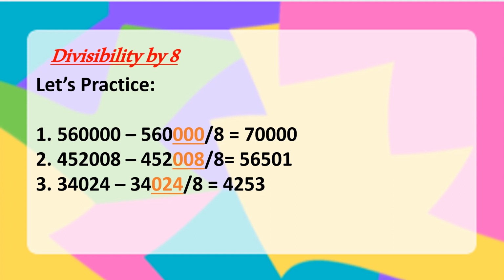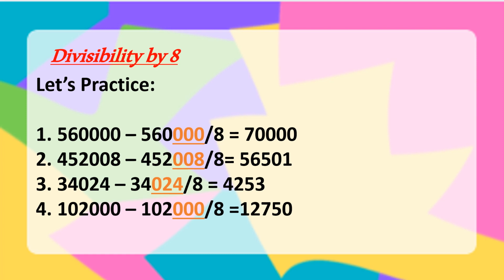The last 3 digits are 0, 2, 4. And it is divisible by 8. Number 4, 102,000. 102,000 ends with 3 zeros. Therefore, it is divisible by 8.